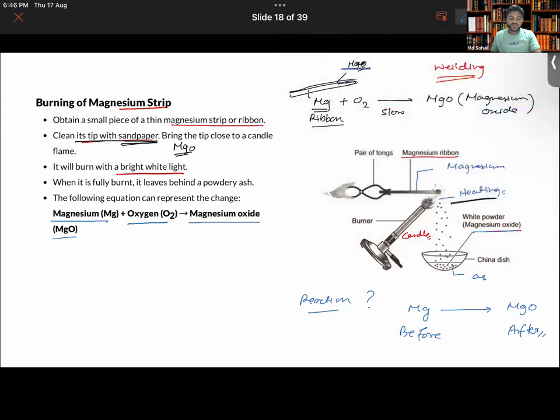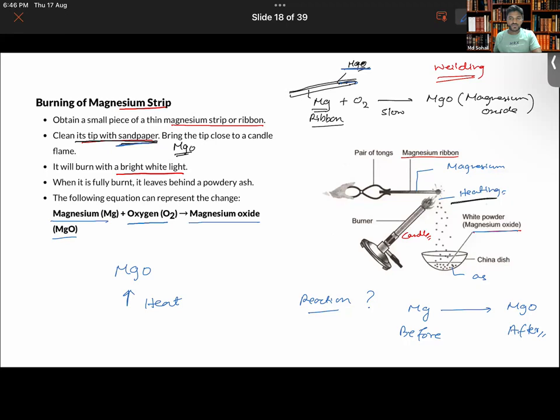It will not be the magnesium oxide that will be burning. If you do not rub it with the sandpaper, what will happen? You will be basically providing heat to magnesium oxide.